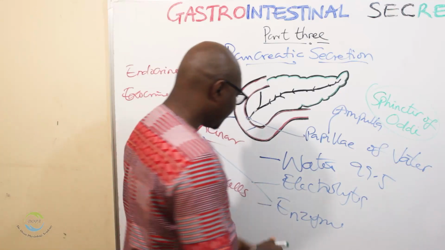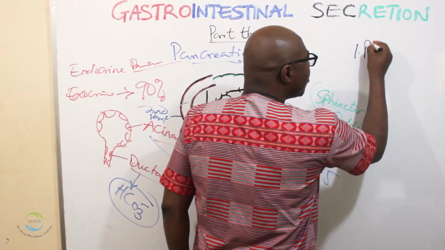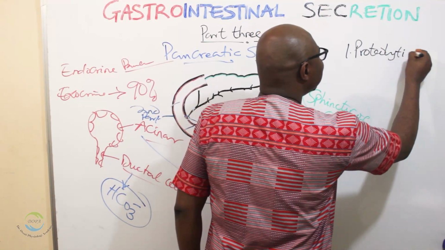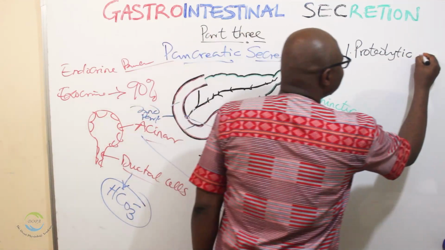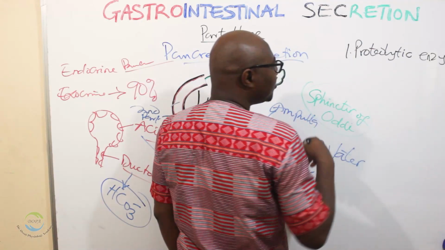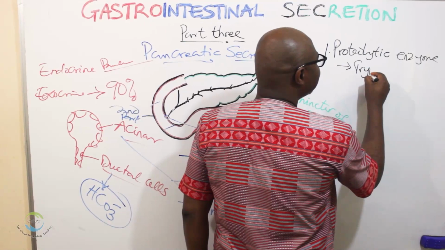So we start with protein. It has proteolytic enzymes. Lytic means breaks, so lyse. An example of a proteolytic enzyme, the main one there, very abundant, is called trypsin.